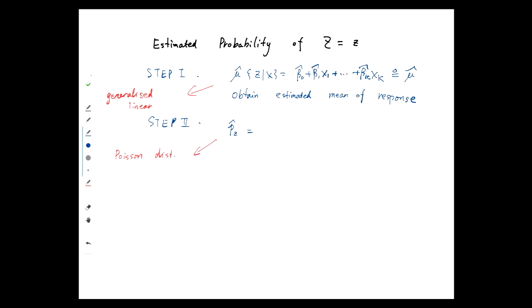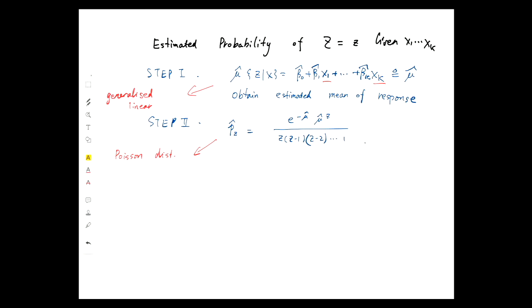So it equals the Poisson probability, which is the exponential of minus mu hat times mu hat to the power z, divided by z times z minus 1 and z minus 2 and so on and so forth times 1. So that's how we obtain the estimated probability for some response z given the explanatory variables x1 to xk. So that's the steps.